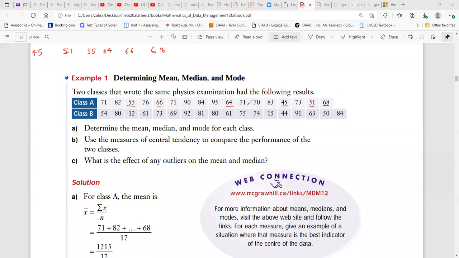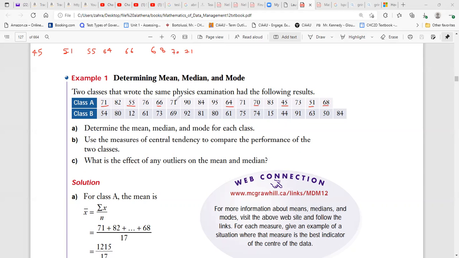We go to 70. So the lower one is 71. Actually, we have 70 here. Let me just write that 70.